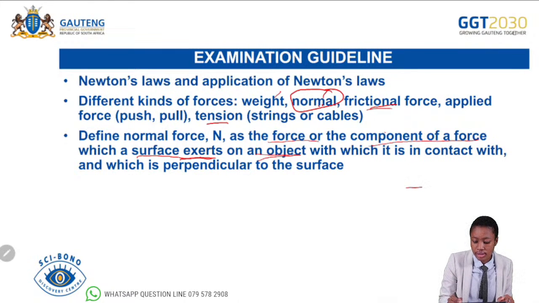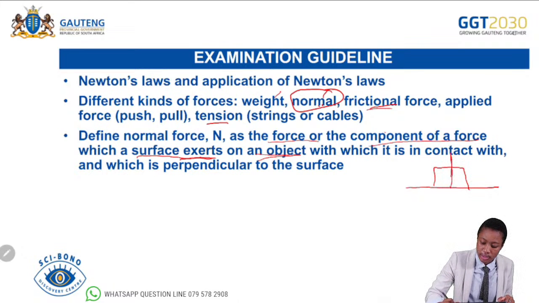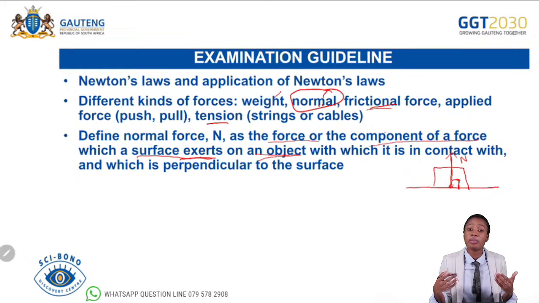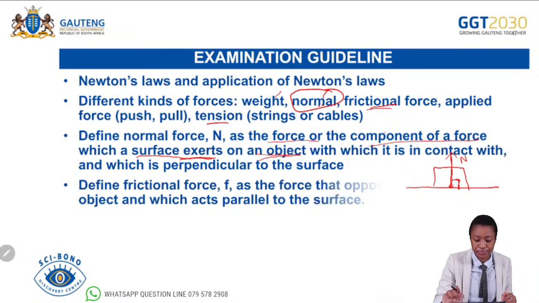So this is my surface, and if I place a box there, this would be my normal force, and it is perpendicular to the surface, and it is that force that is exerted by the surface we place the object on.